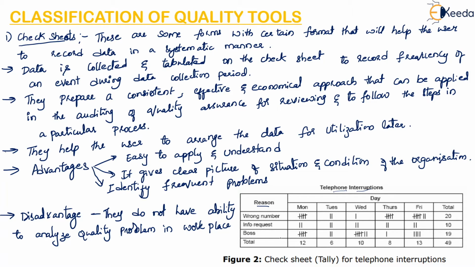So the calls by boss or the telephonic interruptions made by the boss. So the total. So this is how a check sheet will appear. Here it is giving the detailed data of calls or telephonic interruptions which are made on each day. So this is about the check sheets.